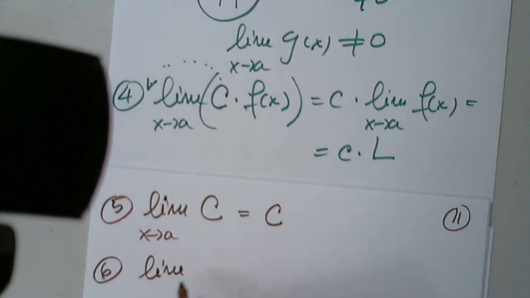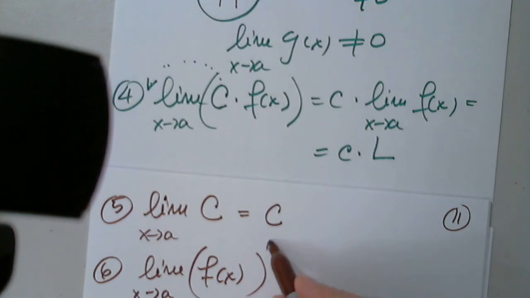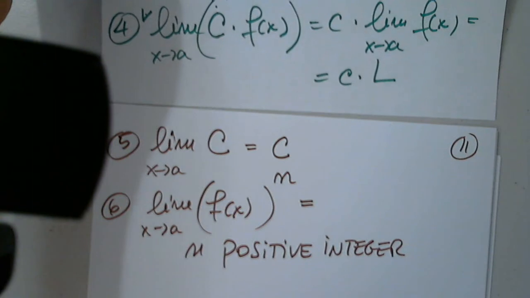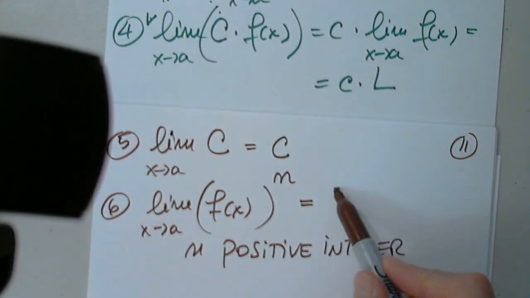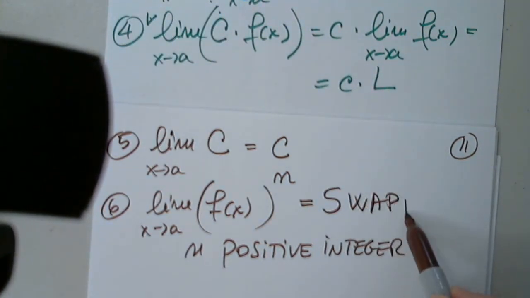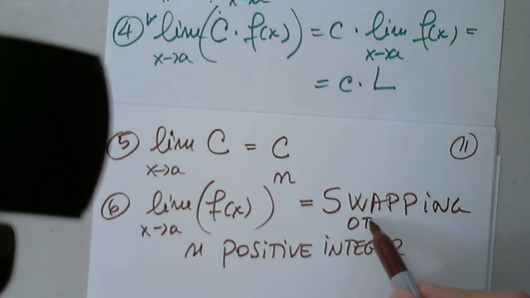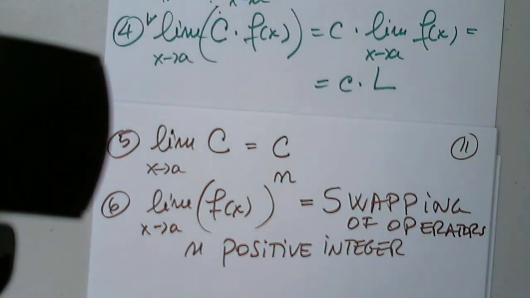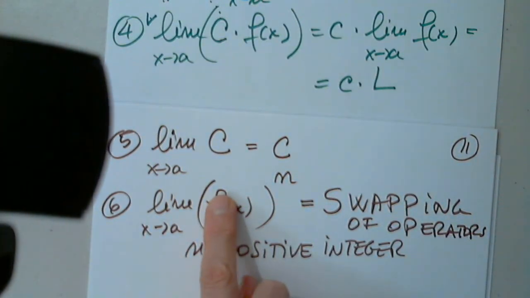Limit as x approaches a of f of x raised to power n. N is a positive integer. This is something that I like to call the swapping of operators. This does something to this function.